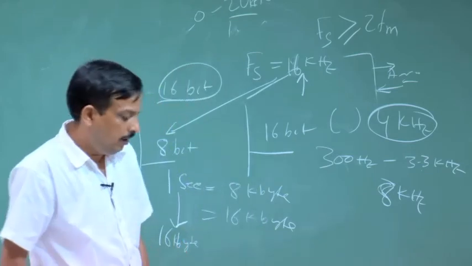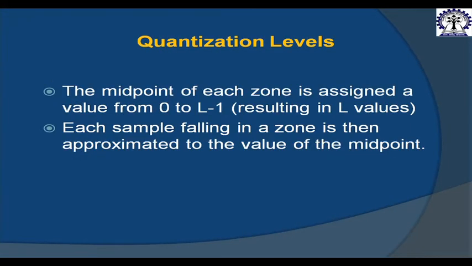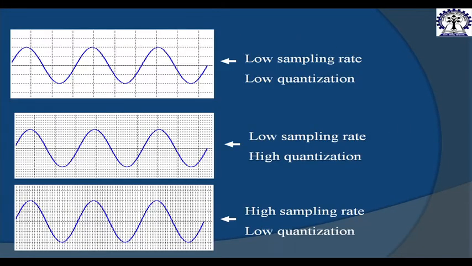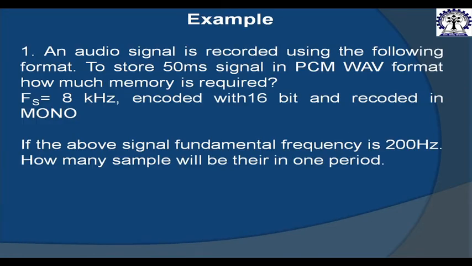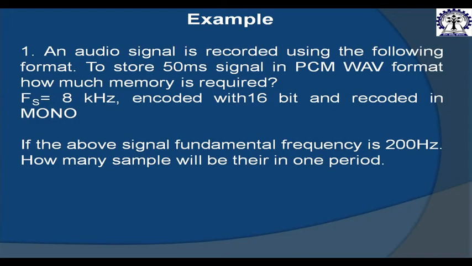Okay. So, now I give a problem. I am not going into the details of this digitization. This is the problem. An audio signal is recorded using the following format. To store a 50 millisecond signal in PCM WAV format, how much memory is required?